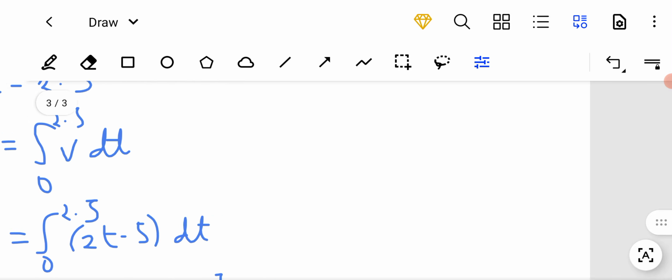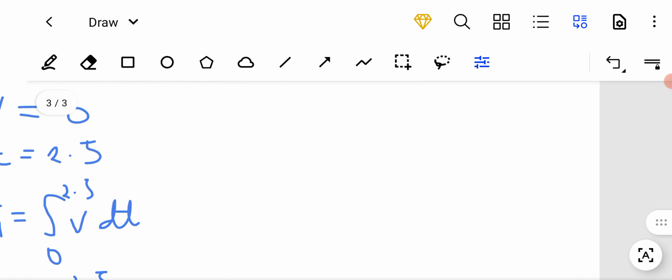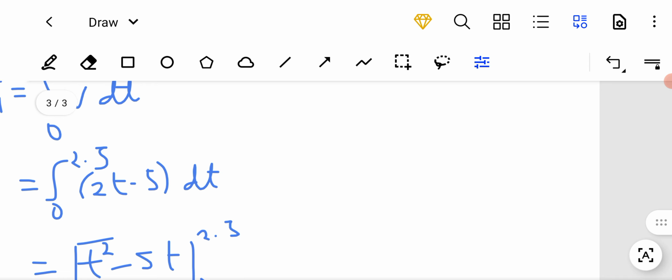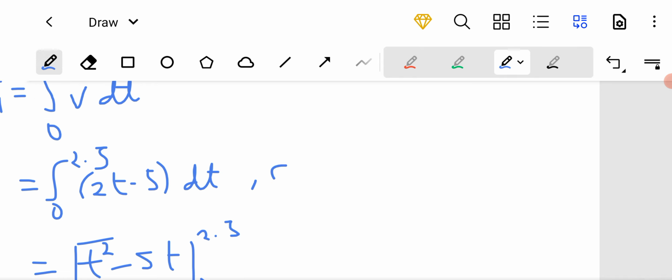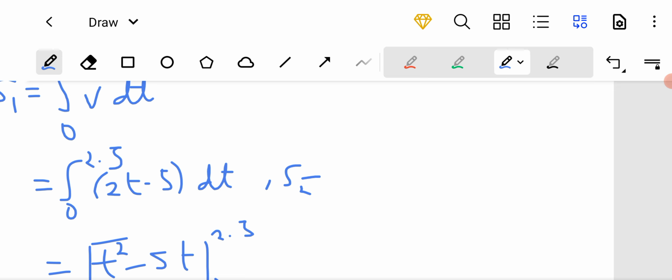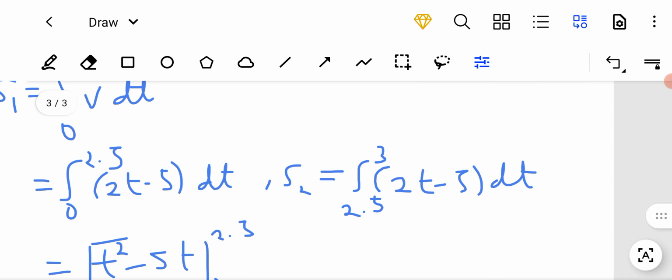And then I'm going to say S2 is going to be equal to the integral from 2.5 to 3 seconds. Why can't we integrate from 0 to 3 seconds directly? Because there is instantaneous rest within this journey. So you have your velocity function 2t minus 5 with respect to t, dt.